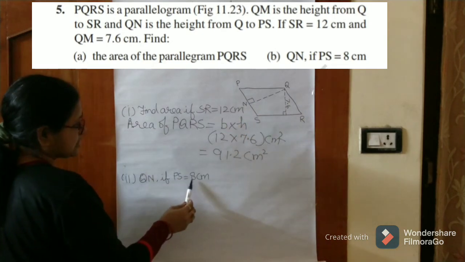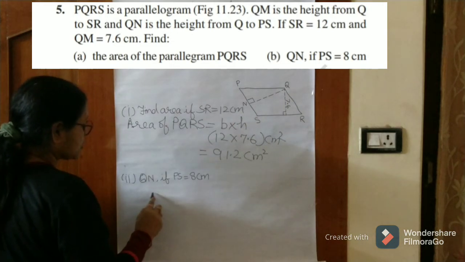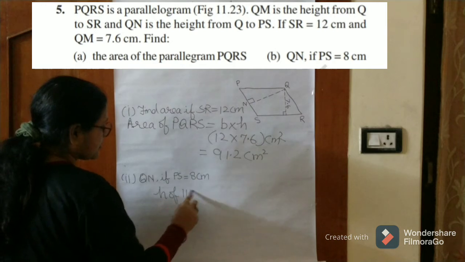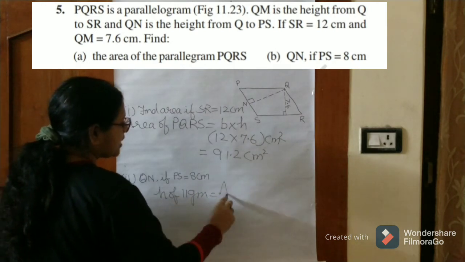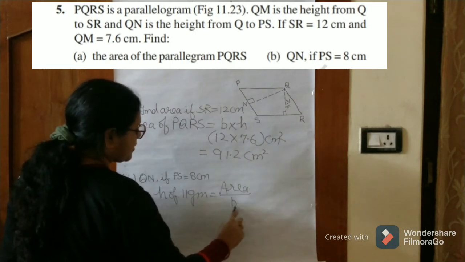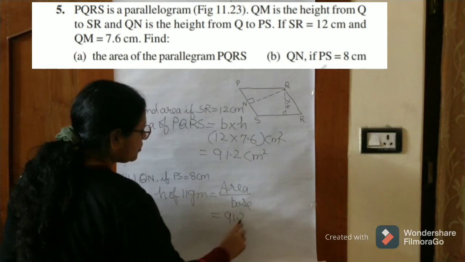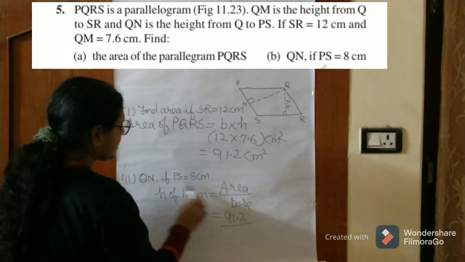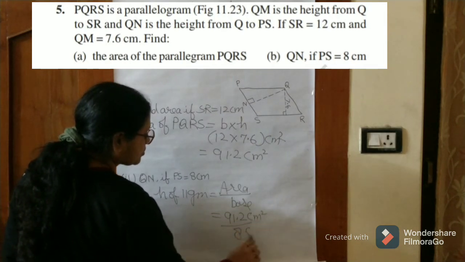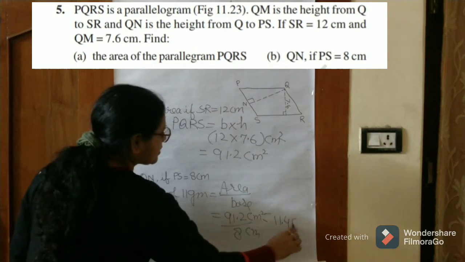PS इज गिवन 8 सेंटीमीटर, तो बेस PS लेकर के हमें हाइट QN फाइंड आउट करनी है. तो हाइट इज इक्वल्स टू एरिया अपॉन बेस. एरिया ऑलरेडी हम फाइंड आउट कर चुके हैं 91.2 और बेस PS है, PS इज गिवन 8 सेंटीमीटर. So it will be 11.4 centimeter.